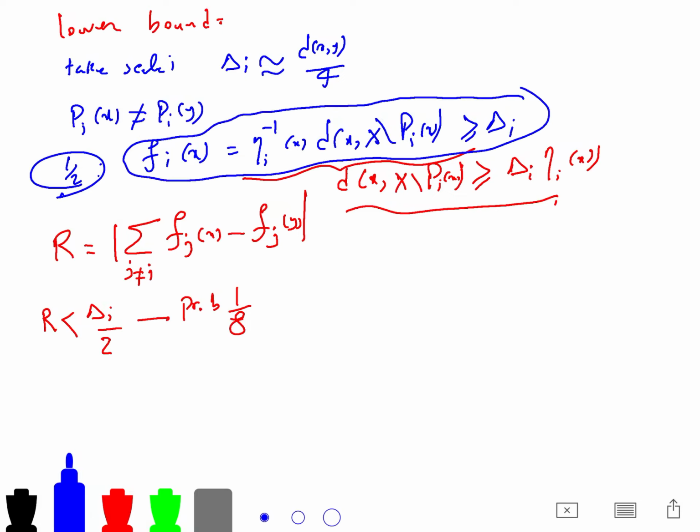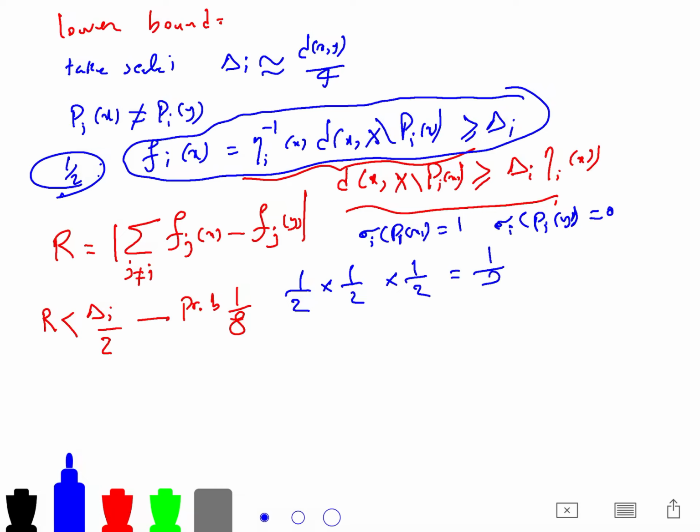With probability half, I can say that sigma_i of pi of x, this is Bernoulli, is 1. So this is half. Because it is Bernoulli again, with probability half, I can say that sigma_i of pi of y is 0. So if you multiply them, it becomes 1 over 8. That's why I wrote probability 1 over 8.